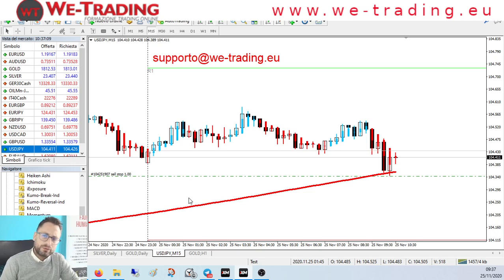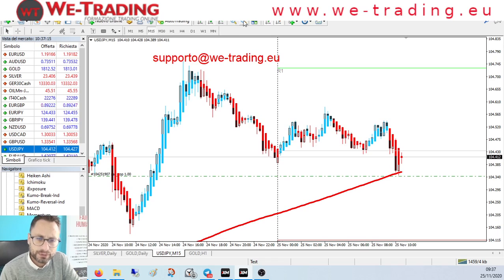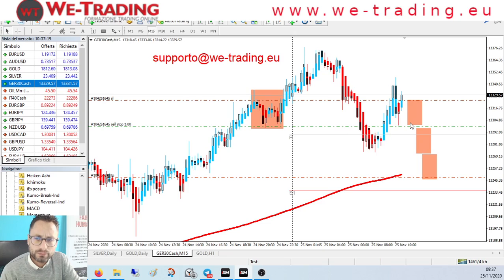You can follow in this way the right movement of the market, the natural movement of the market. You will have a risk of half of the profit, so a risk reward of 1 to 2. It's very important for the start.